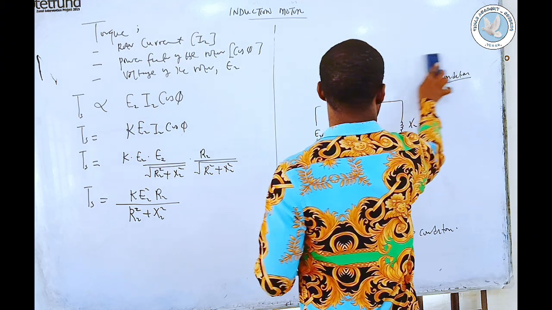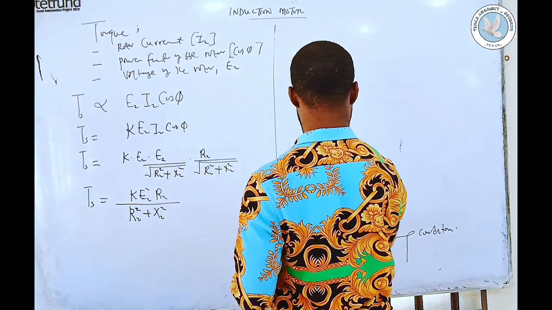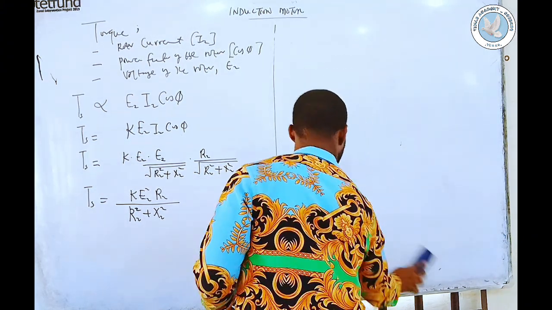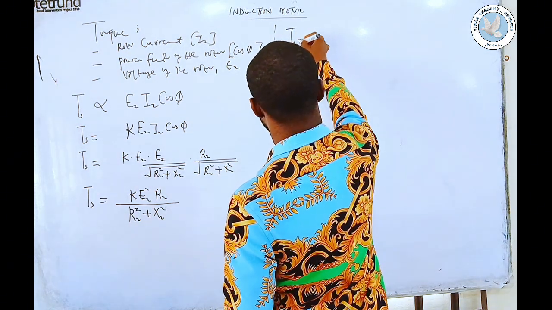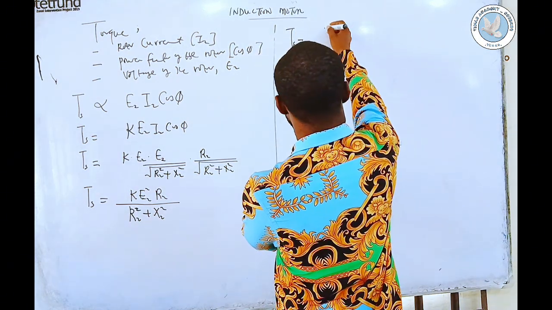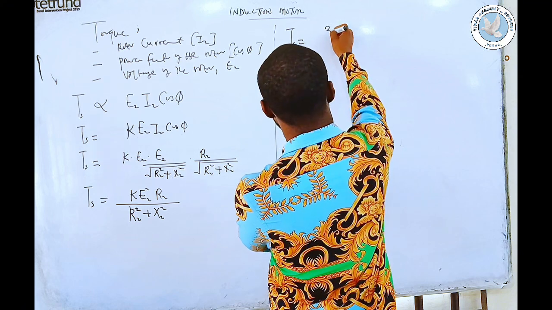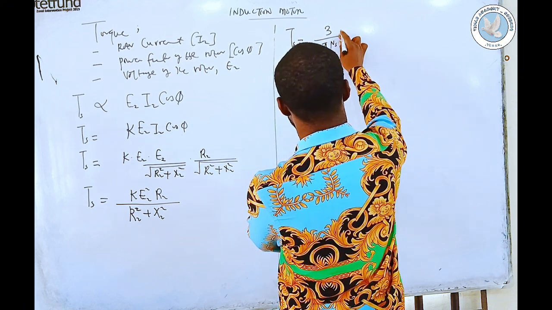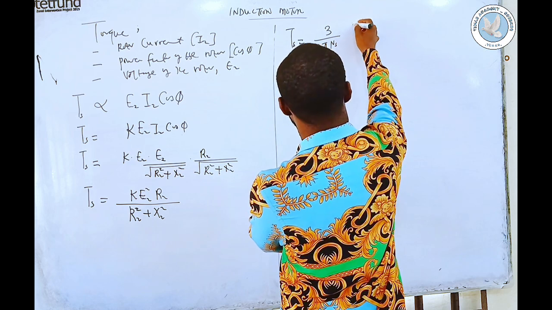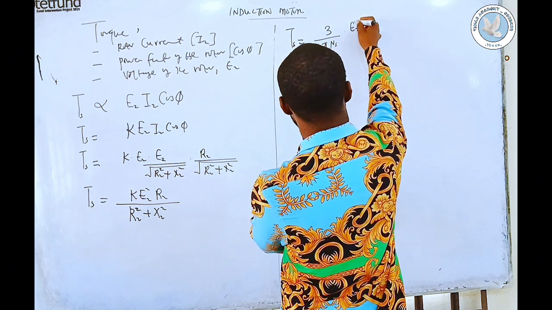So at this point, we can actually say that starting torque is 3 divided by this, multiply the whole of this with this.